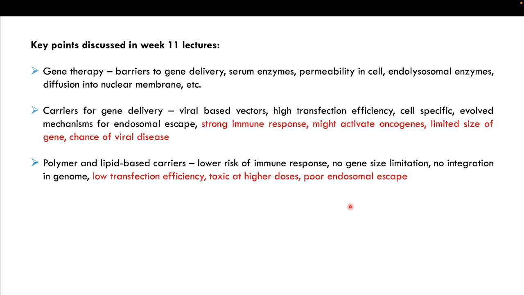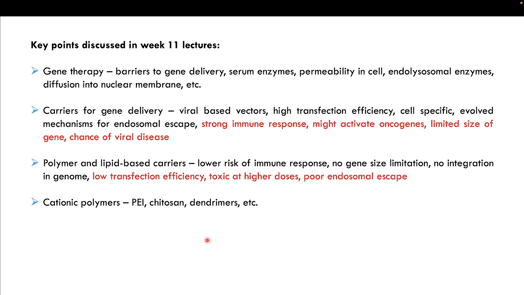And talking about this endosomal escape, what we can do is we can use cationic polymers. So we are still on the theme of using polymers. Since this is a drug delivery course, we'll focus more on the non-viral vector-based methods. So what kind of polymers can you use for delivering genes? They could be cationic polymers, meaning they're positively charged.